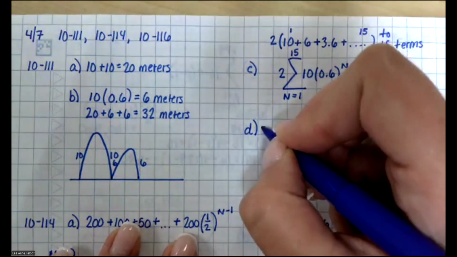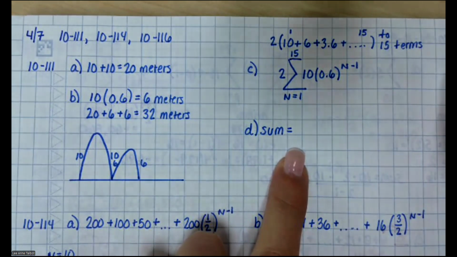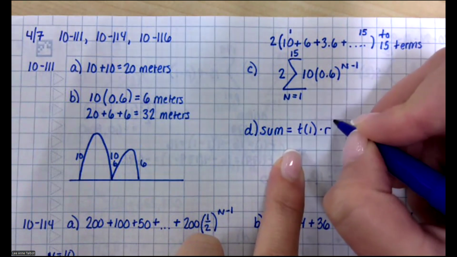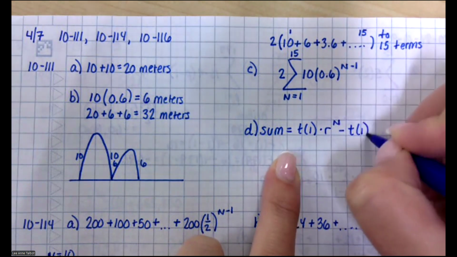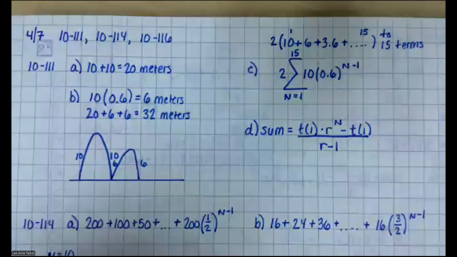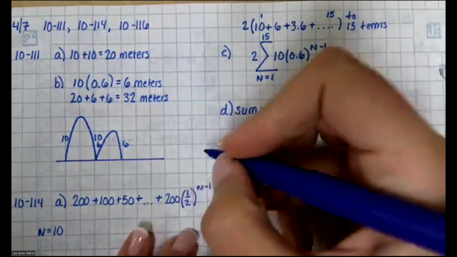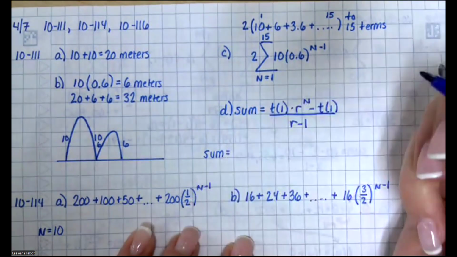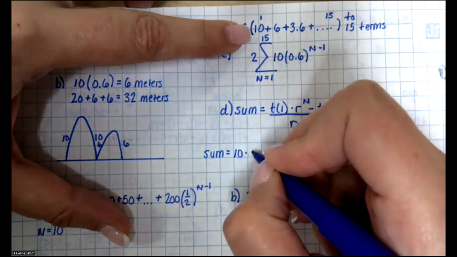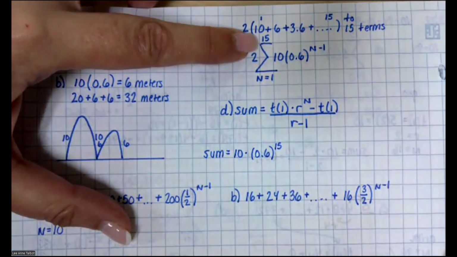Okay, now it says find the sum. So find the total distance it traveled in 15 bounces. This is geometric, so the formula is first term times multiplier to the n minus first term over multiplier minus 1. Okay, first term is 10. Multiplier is 0.6 to 15 terms.